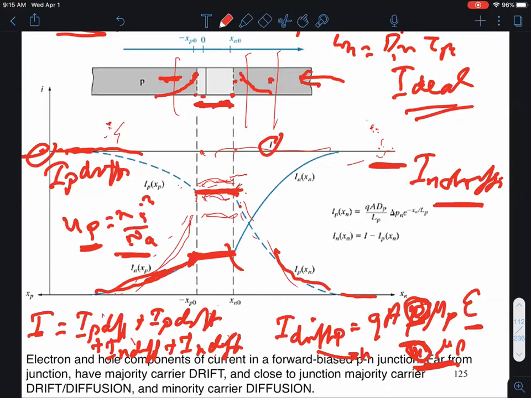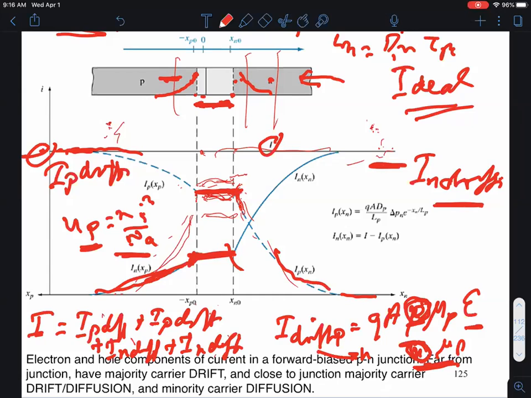Since there's no generation recombination within the depletion region, and because I can ignore the minority carrier hole drift current at this point in comparison with the majority carrier electron drift current, I can say that this minority carrier hole diffusion current is pretty much the total hole current, hole drift plus diffusion, because the hole drift current is negligible compared to the electron drift current. You guys with me?